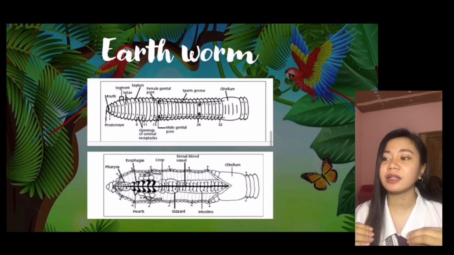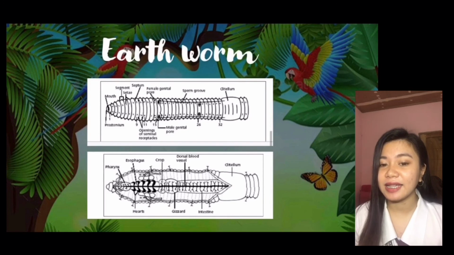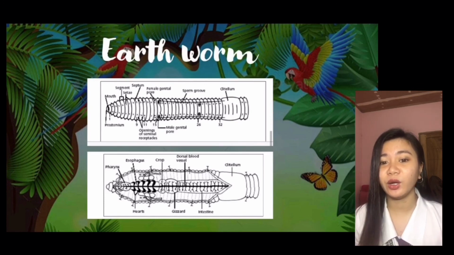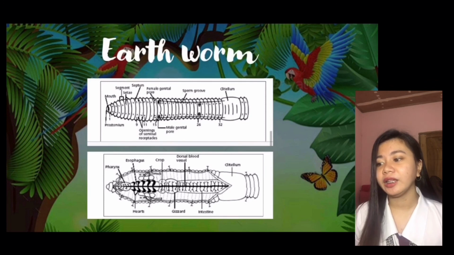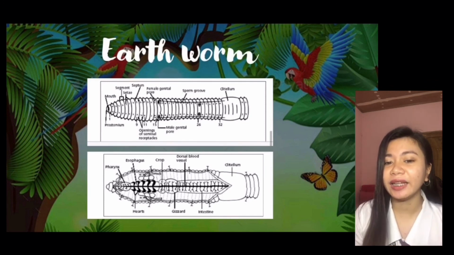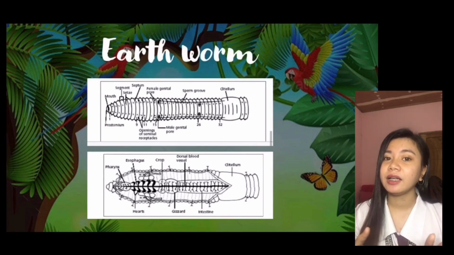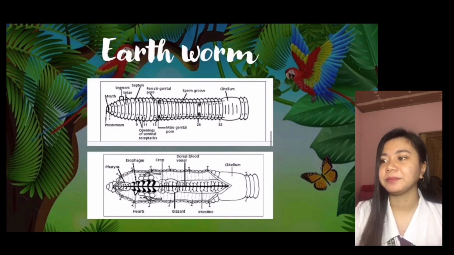May iba't iba siyang sizes. Merong sobrang malaki and mahaba and meron namang maliliit lang. And yung earthworms, kung mapapansin nyo, is lagi silang wet or lagi silang basa. And yun nga, ito ay sa kadahilanan na mas gusto nilang manirahan sa freshwater or sa mabasang surface or area.